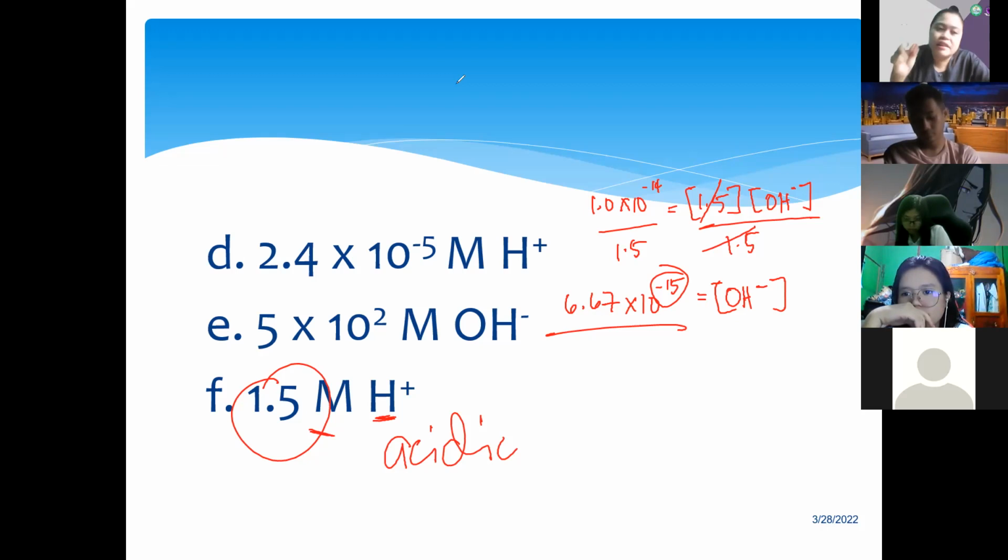These are just little papers that when you dip it in a solution, it changes color. So if the blue one turns into pink or red, that means the solution is acidic. And vice versa, if you have a pink or a red litmus paper turning into blue, that means the solution is basic. So that's the most basic one to determine whether a substance is acidic or basic.